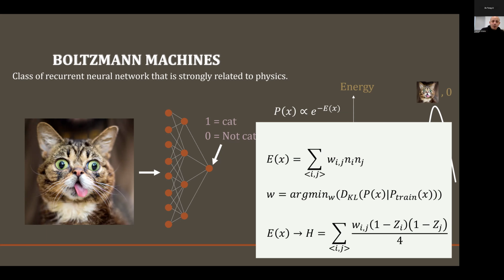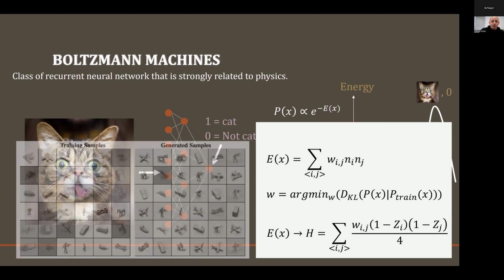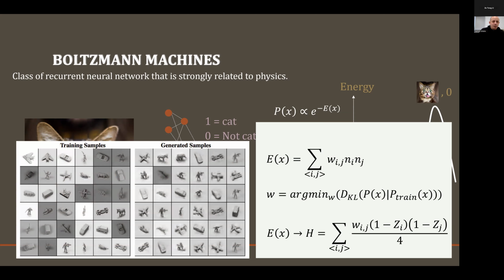And so this is an example of an early Boltzmann machine where it was trained with a bunch of these images over here. And Boltzmann machines are naturally generative. When you run the Boltzmann machine, it will generate a whole bunch of new images based on the previous ones. And yes, by the standards of modern neural networks, these generated samples are kind of laughably bad compared to what ChatGPT can do.